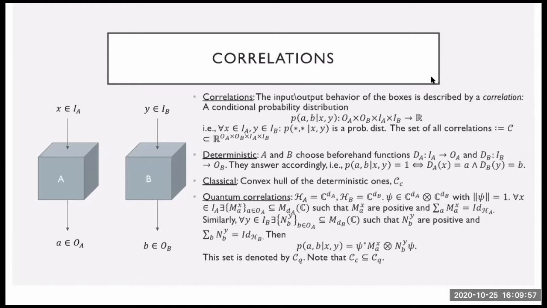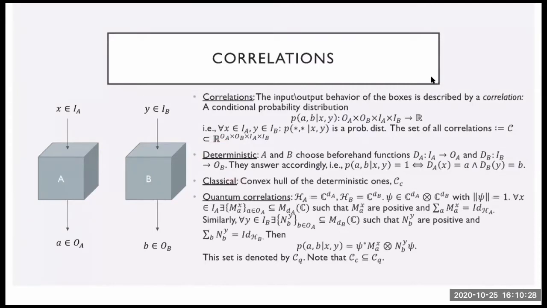So for any X in IA, box A automatically chooses dA of X. So I need just a function from inputs to outputs, both for box A and box B. And the correlation is just a Dirac measure. For any X and Y, you answer A, B only if dA of X is A and dB of Y is B. I think this is quite clear. These are the deterministic correlations.